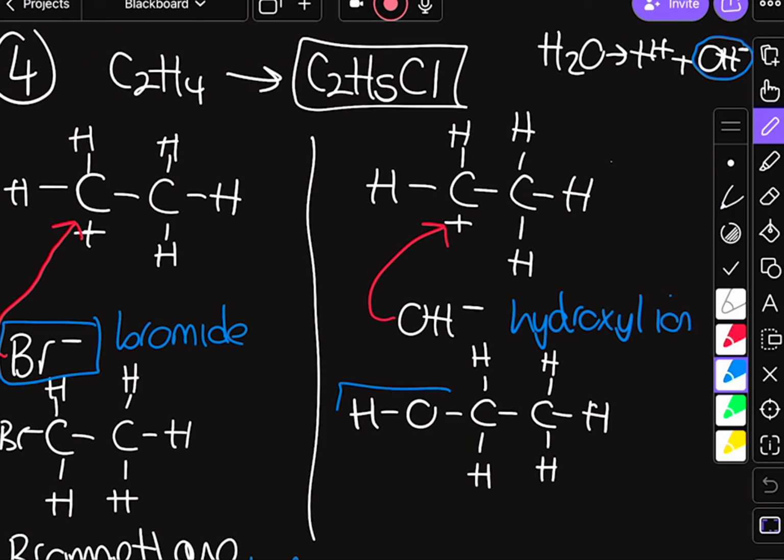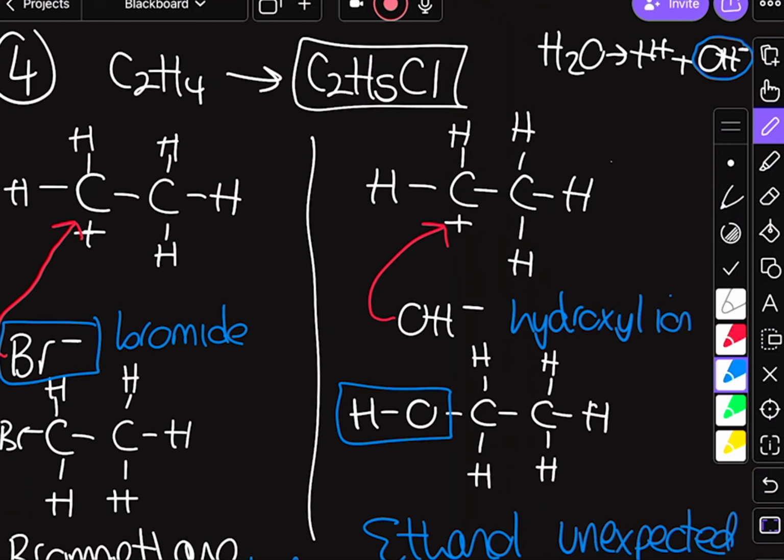So it has this OH group on it, 2 carbons. So it's got an eth beginning. It's an ethanol because it's now an alcohol, and again, this is unexpected. So your pieces of evidence are any negative ion other than chlorine for this mechanism, and these are the 2 examples that I would use, the bromide and the hydroxyl.